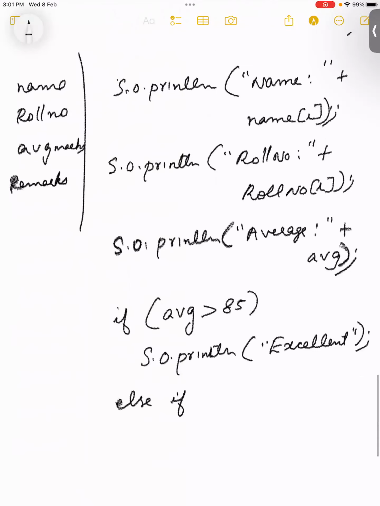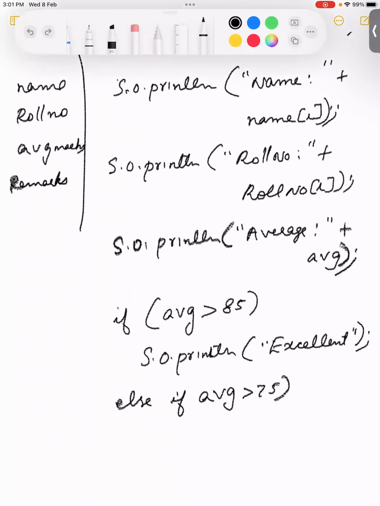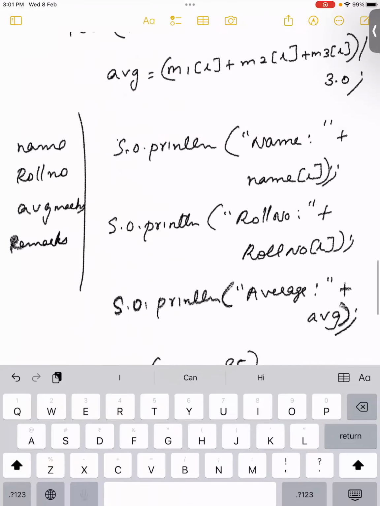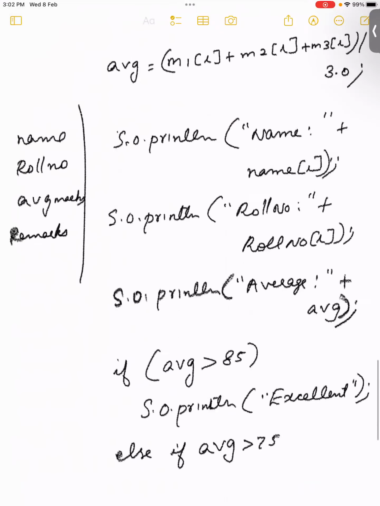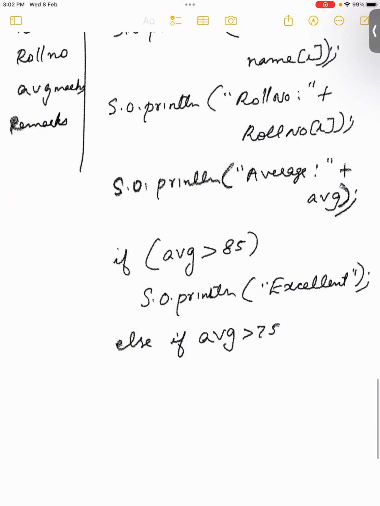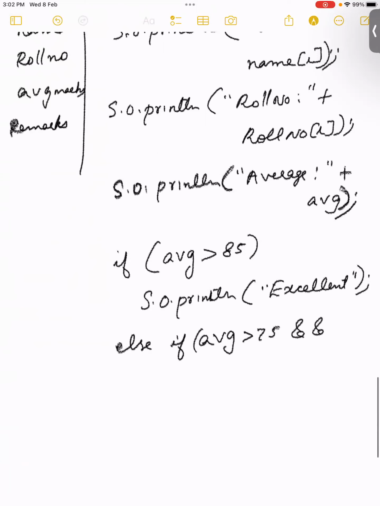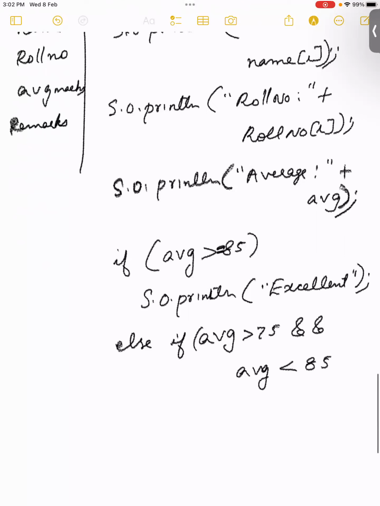Else if average is greater than 75, and this is telling it is between. Average greater than or equal to 85 is required. Here average is less than 85. Then what should be the comment?